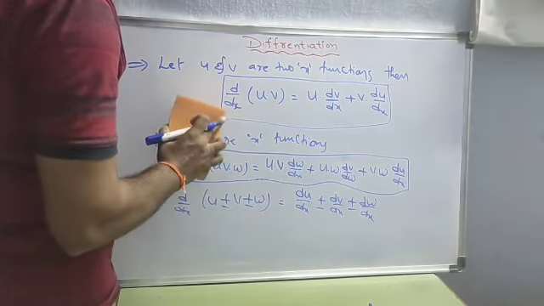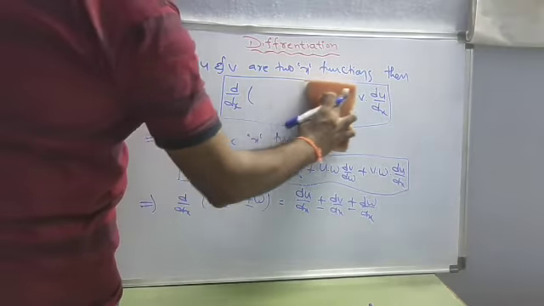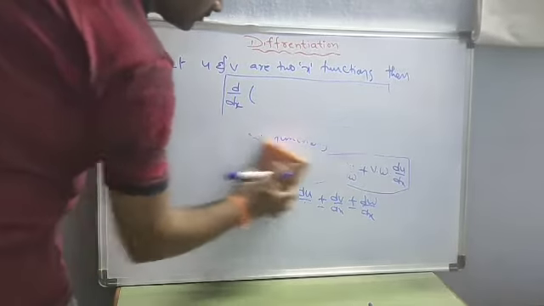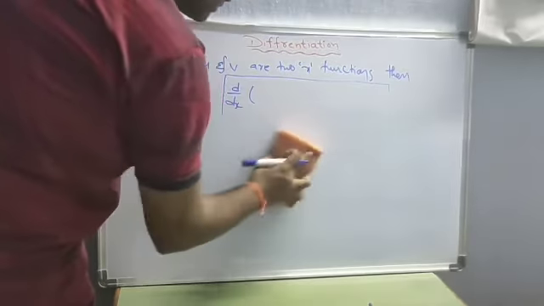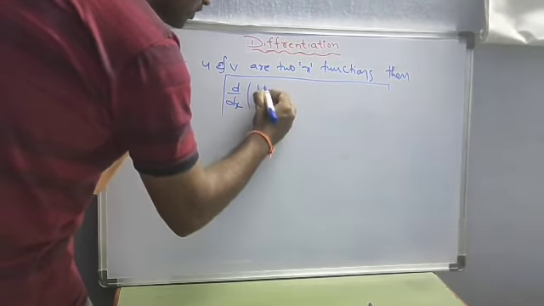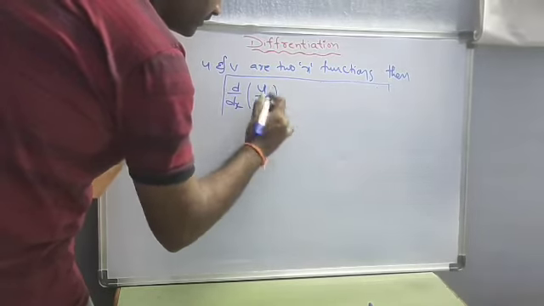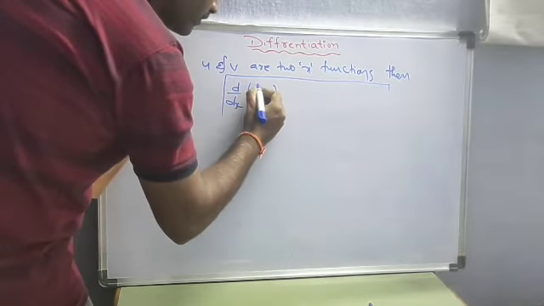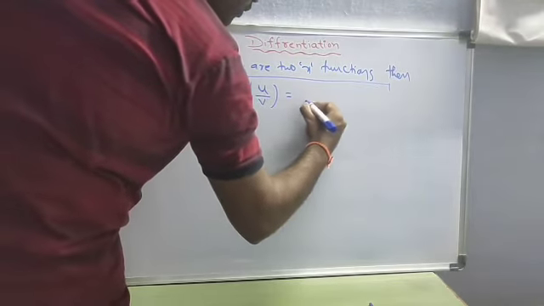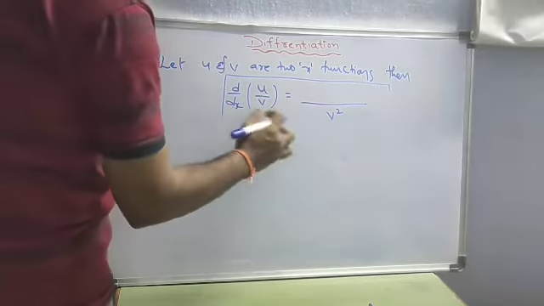Now I am discussing the u by v formula. u by v means division. d by dx of u by v equals, in the denominator compulsorily, it is the application of the uv formula.